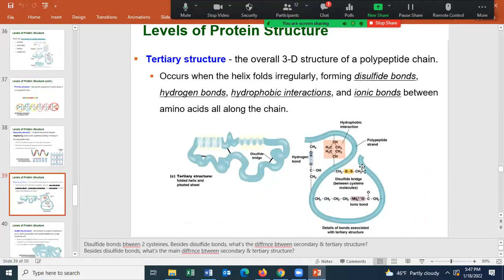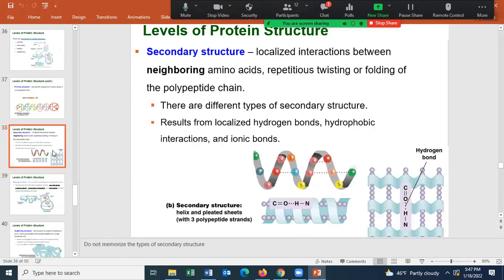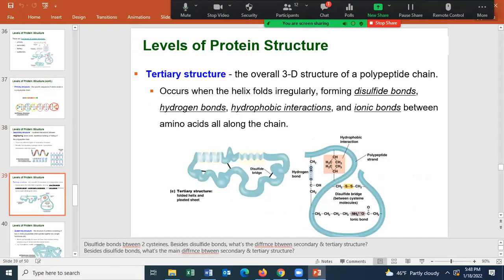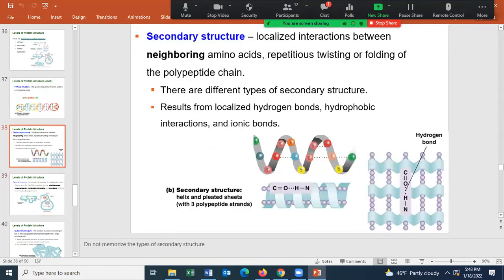And then there can be a pleated sheet, which is shown here. Where we have the protein running this way or that way. And then there's multiple attractions between the amino acids, and that they call a pleated sheet.